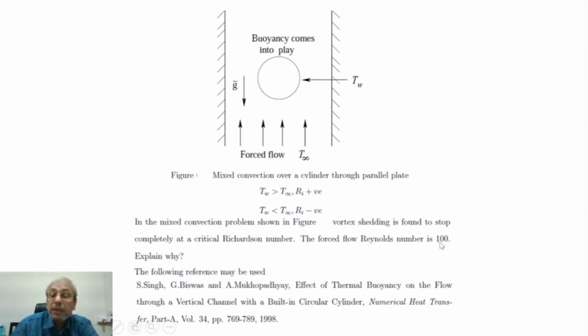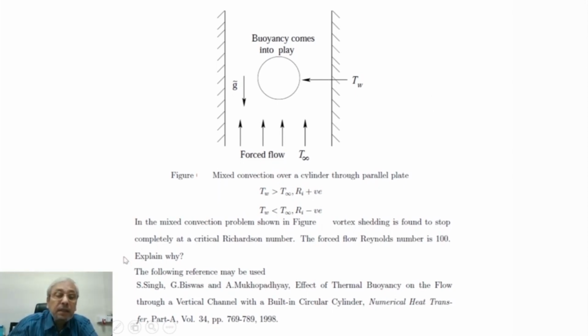The forced flow Reynolds number is 100. We have arrived at this conclusion through very carefully done computational solutions, which were also compared with the experiment of one experimental group.